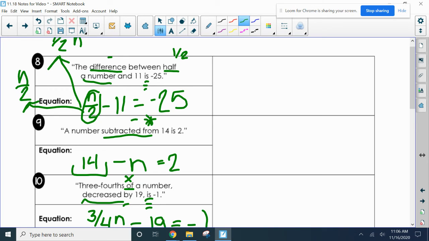All right. So 9. We have 14 minus n equals 2. So I'm going to go ahead. I have minus n, and I'm going to put plus a negative, so I know there's a negative attached to that n. So in order to get rid of addition, we're going to subtract.